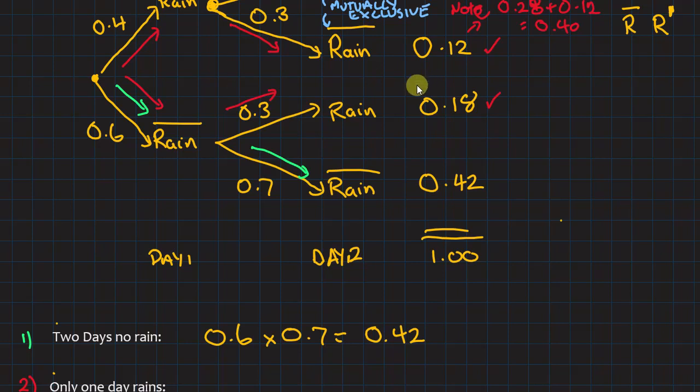Now, or, that's it: rain day 1, and that actually also has a hidden statement. I think you saw me write this before. No rain day 2. Or the flip, rain day 2, given not rain day 1.